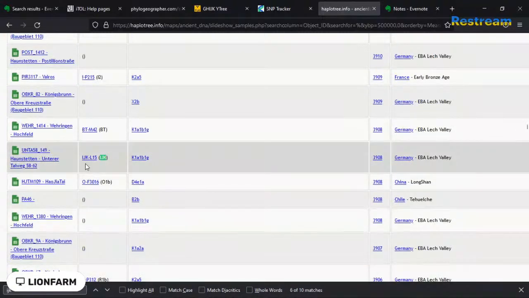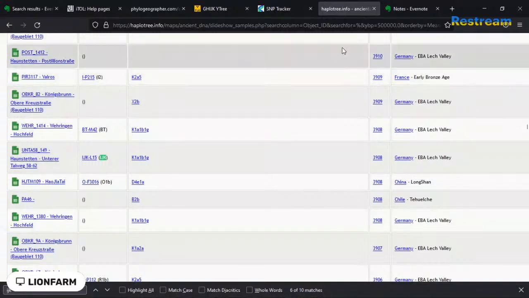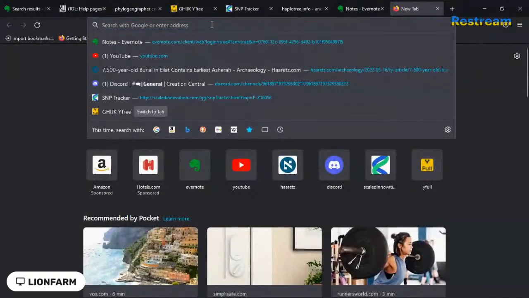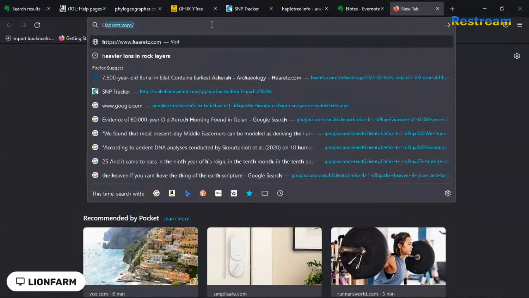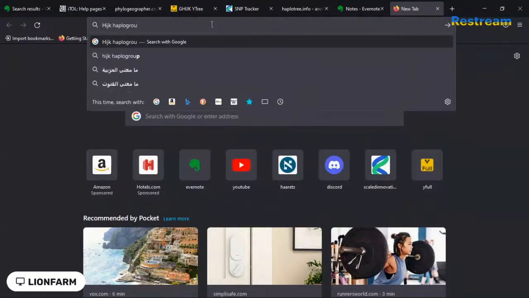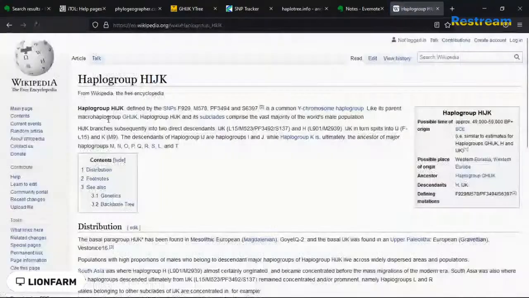So these are going to be fossils, though. This is going to be the only place we can find the actual official fossils. In fact, certain haplogroups here were recently found that even places like Wikipedia wouldn't have the information. So for example, let's say HiJK, the haplogroup that makes JK and everything underneath it, GHiJK.